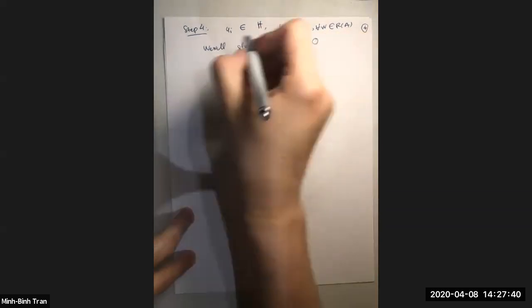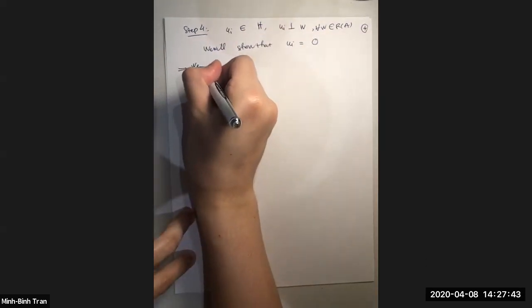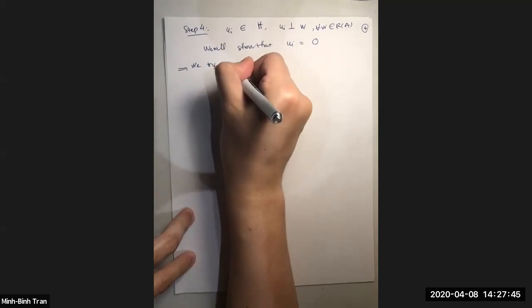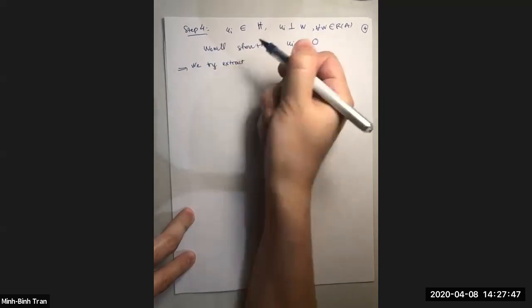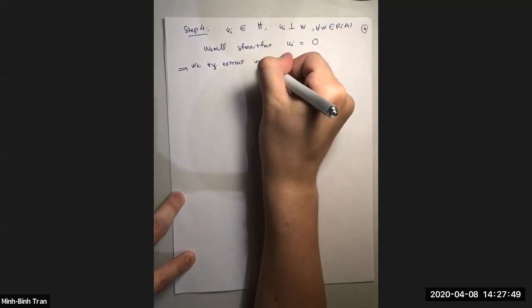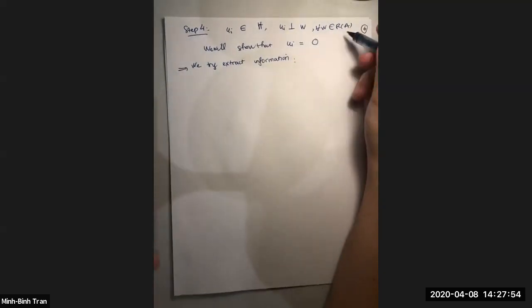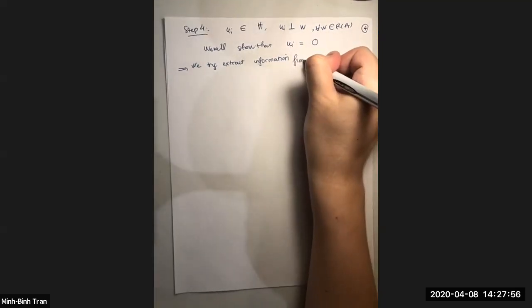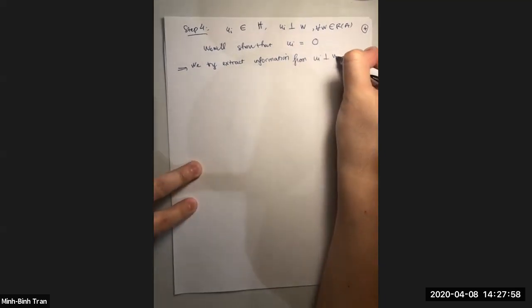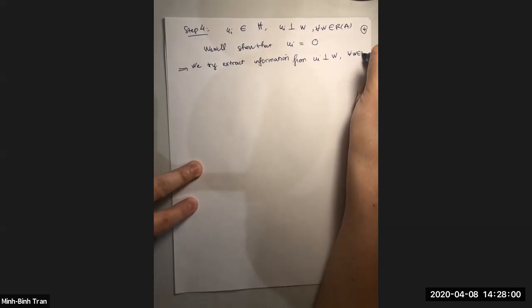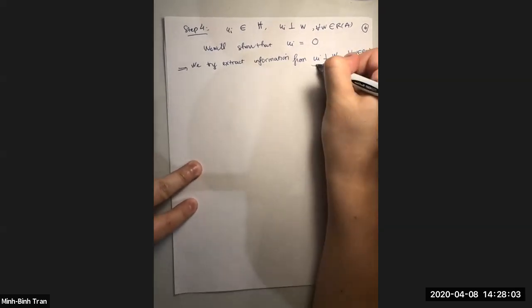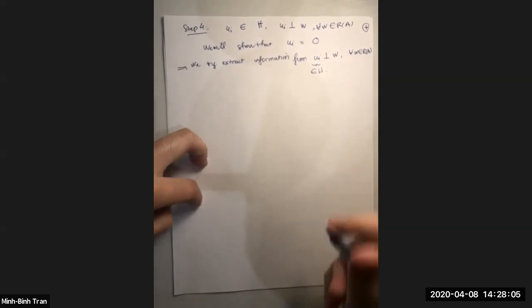Right. So now there is one thing from this. There's information we try to extract from this, right? From the fact that UI is orthogonal to W for all of the W in the range of A, and then UI itself is a member of H, right?